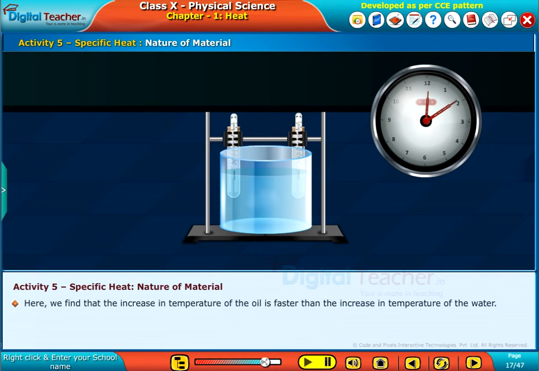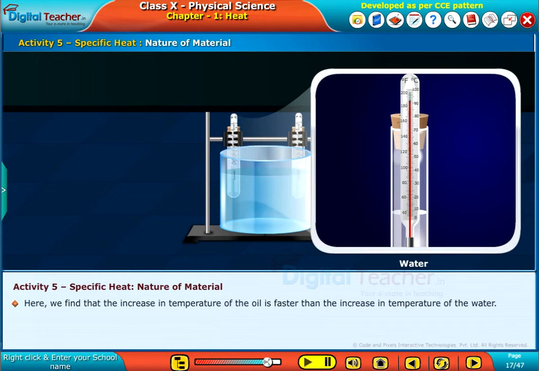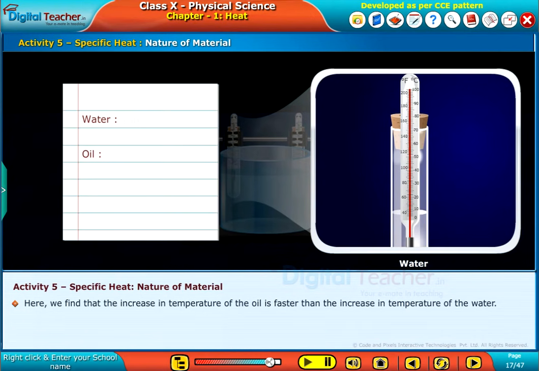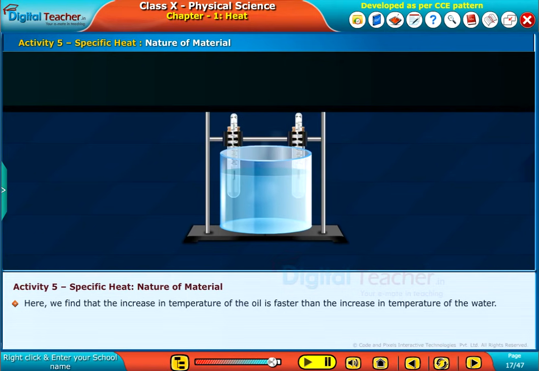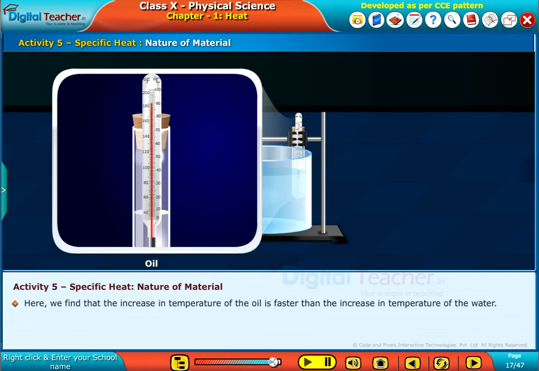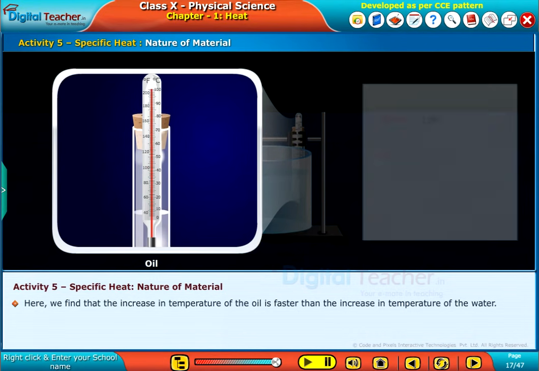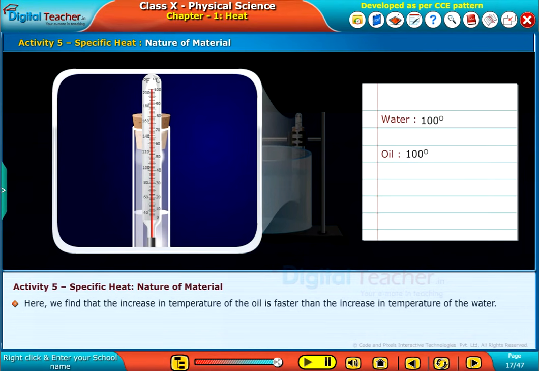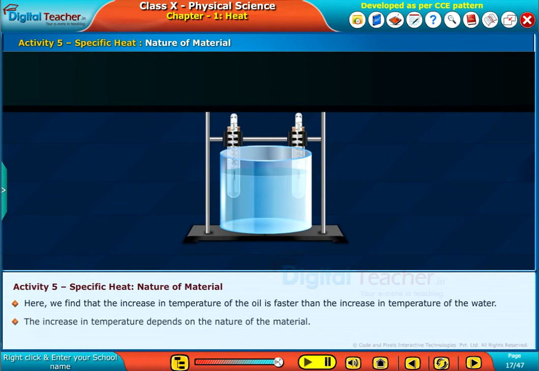Here, we find that the increase in temperature of the oil is faster than the increase in temperature of the water. The increase in temperature depends on the nature of the material.